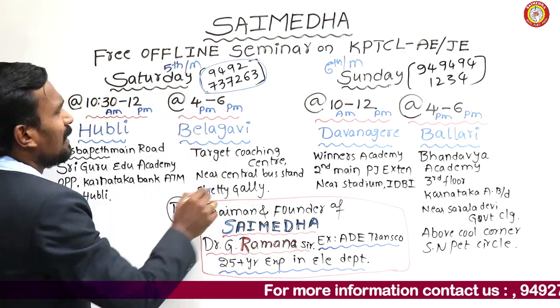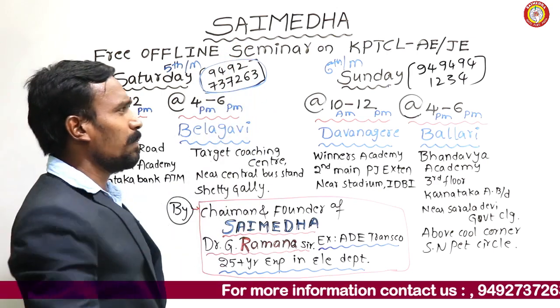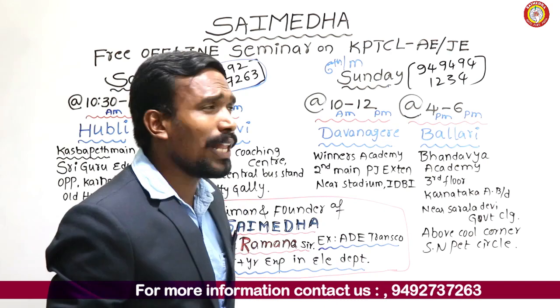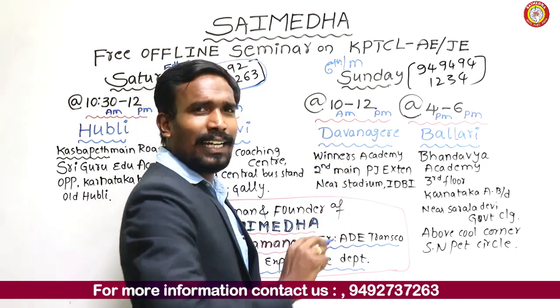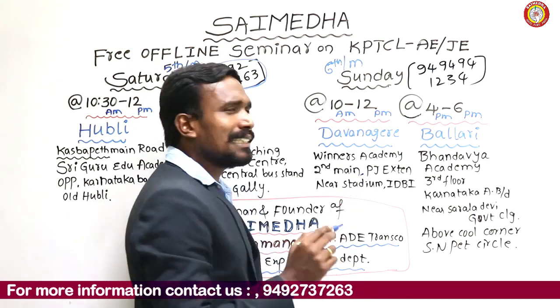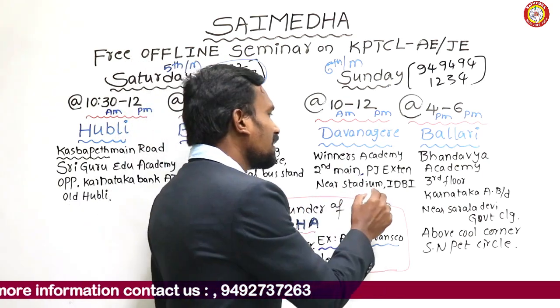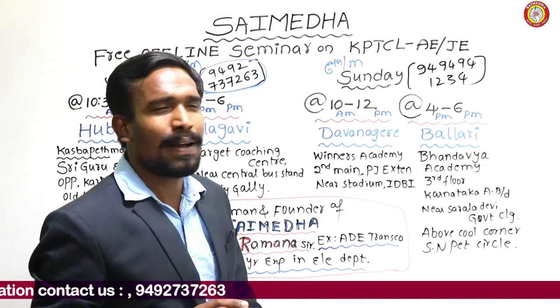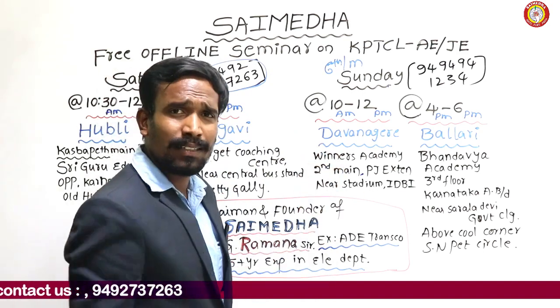For any details, just feel free to contact this number. On Sunday, morning 10 a.m. to 12 p.m. in Davangere, Winners Academy, second main, PJ Extension, near Stadium and IDBI Bank. This is the location in Davangere.